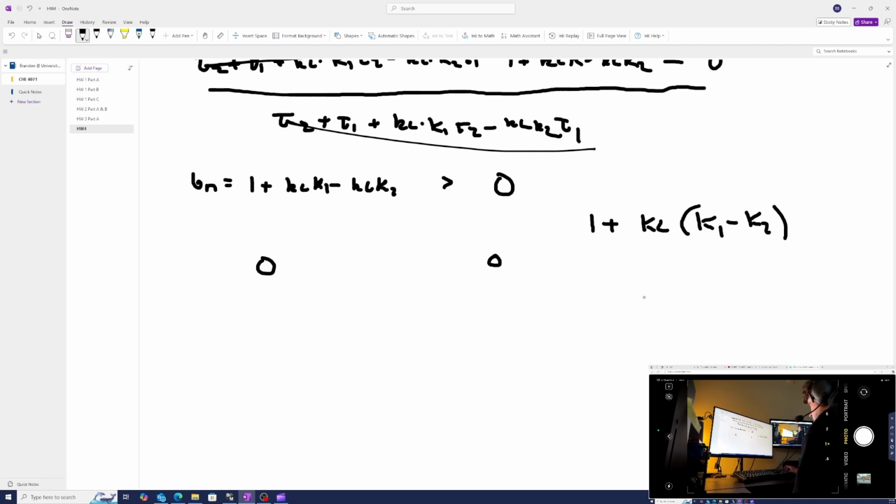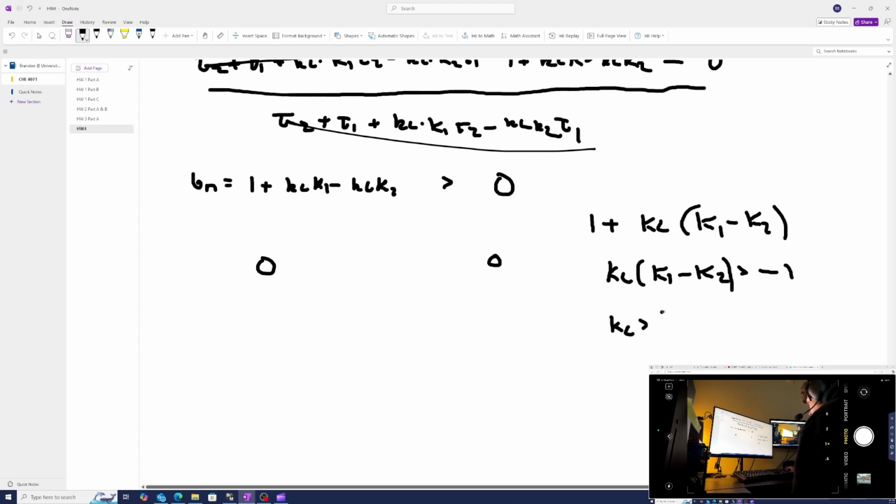Giving us our Kc times K1 minus K2 is greater than negative 1. And then to solve for Kc, we can just divide across by K1 minus K2. So our Kc must be greater than negative 1 over K1 minus K2.